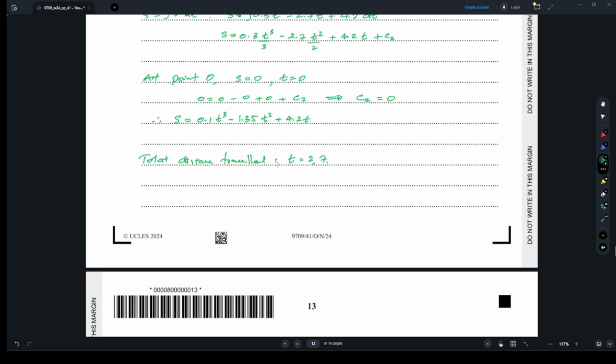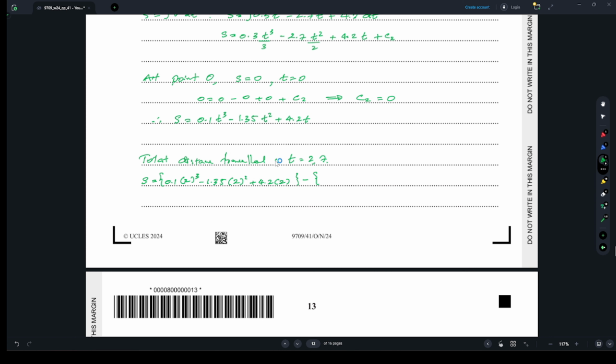So we have to take the difference of these two. First we take how far it would travel within 2 seconds: 0.1 times 2 cube minus 1.35 times 2 square plus 4.2 times 2.